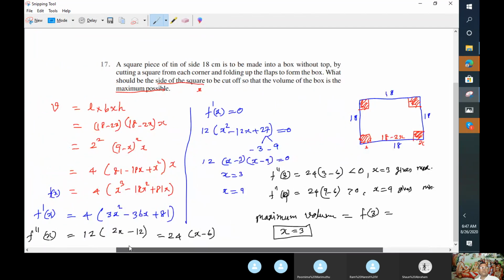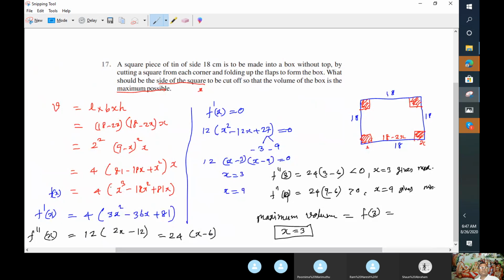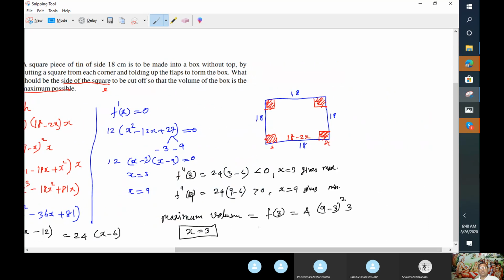So what is f of x? Actual f of x is here: 4 into, 2 2s are 4, and 9 minus x, what is x? 3, whole square, into x is 3. That's all. So this is your maximum volume.